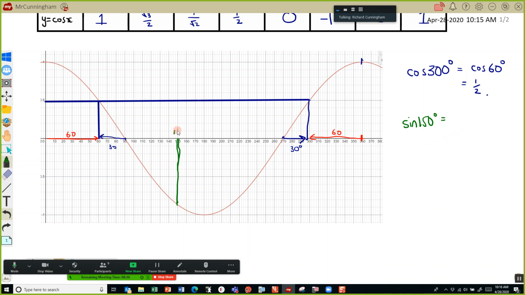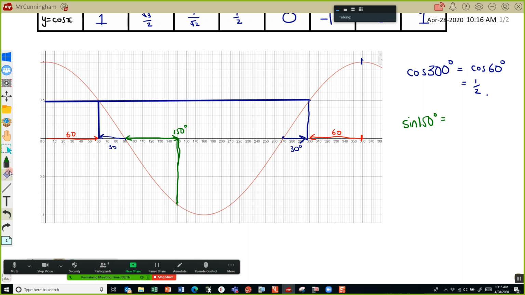It's going to be negative, right? And what is it going to be the same as, though? So I'm going to hopefully give you a little bit of a hand here. See if you can figure out what it is going to be the same as.